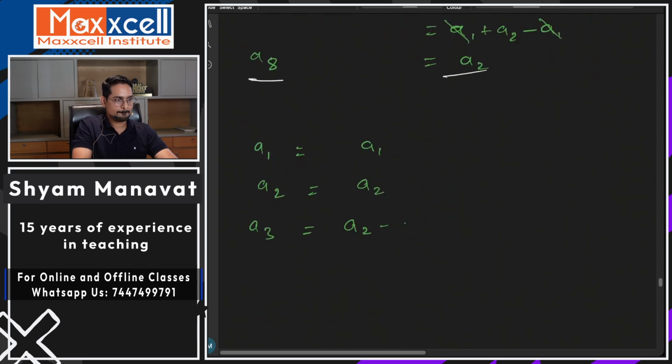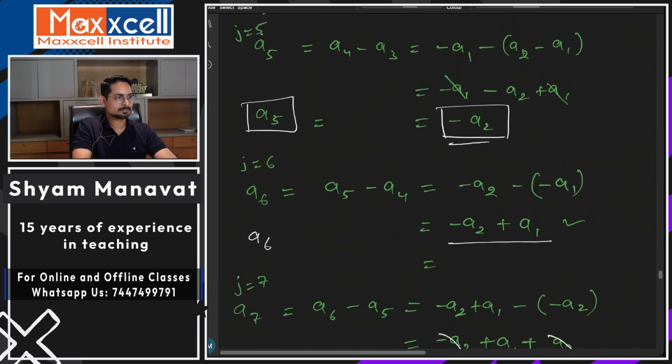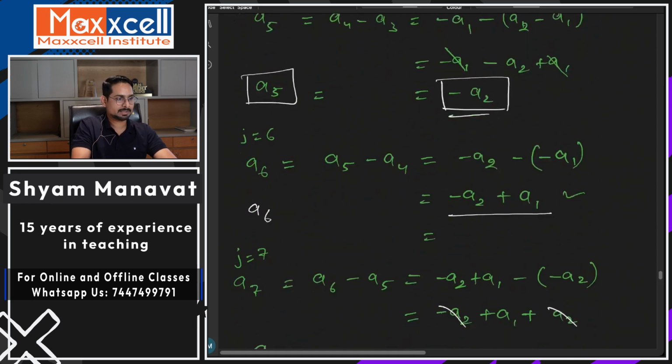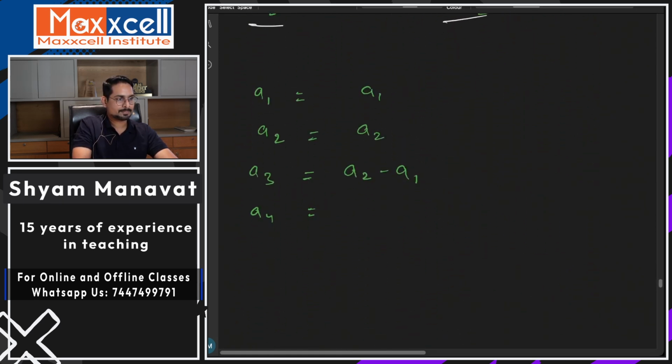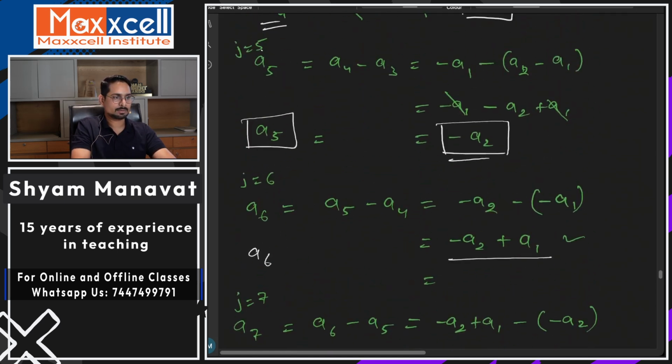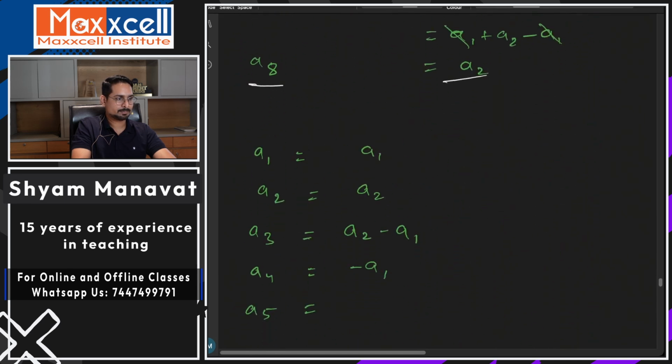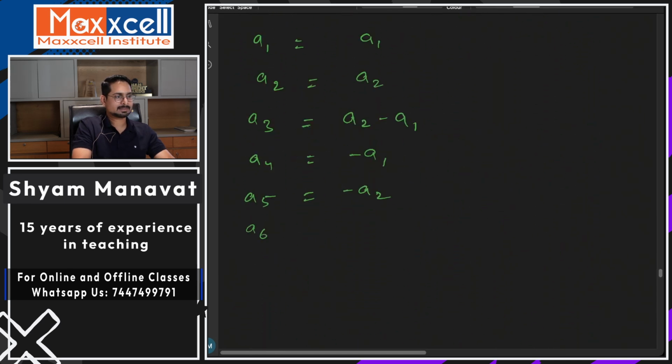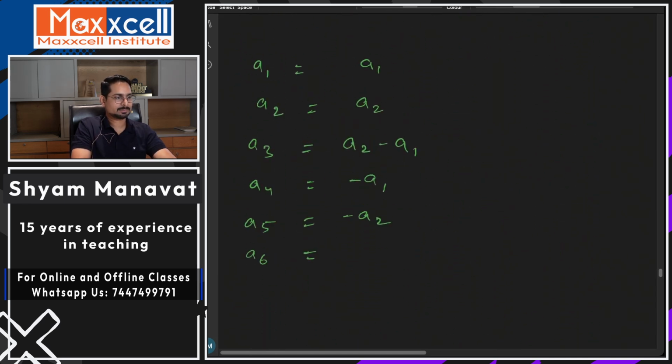A2 minus A1. Okay. A4 was minus of A1, and we got A5. If you go back and see, A5 is what? Minus A2. So minus A2. A6 is what? A6 is minus of A2 plus A1. This was your A6. And then it repeats.